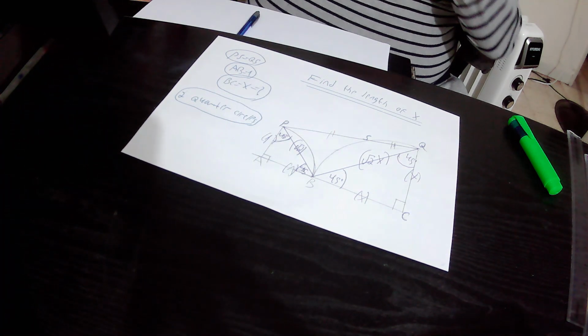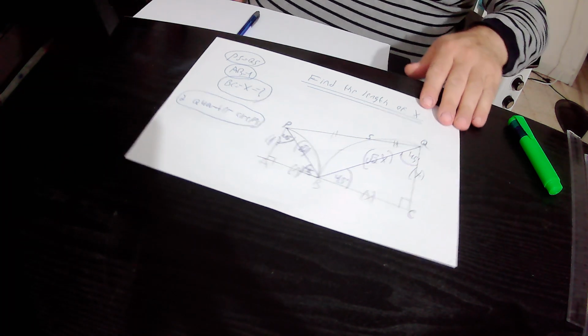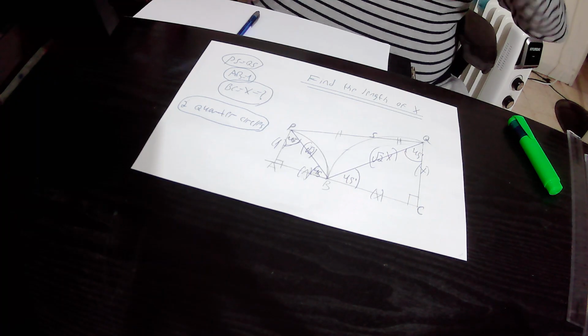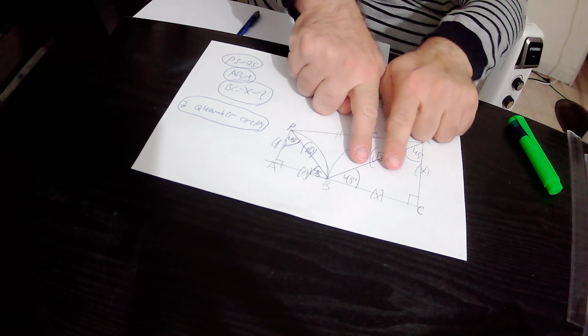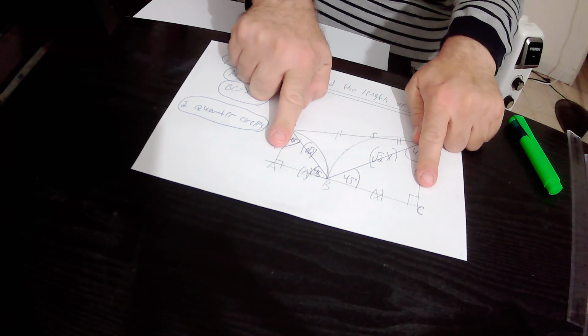You can implement rule number 3 in our drawing. Why? Because in our drawing you have the straight line AC.